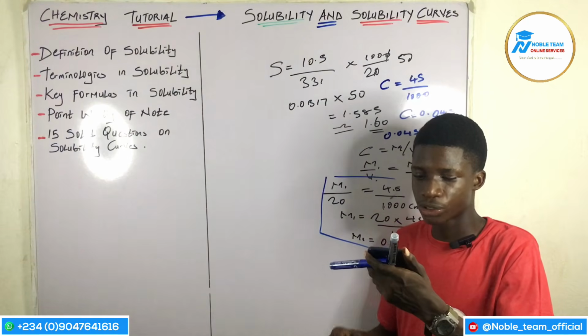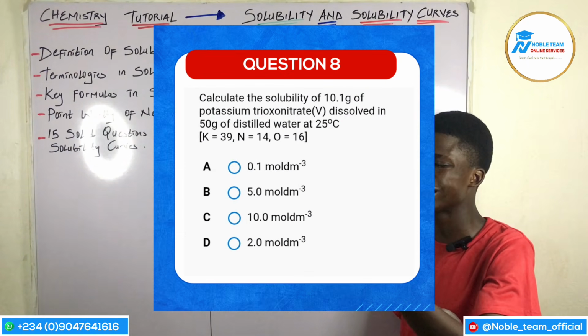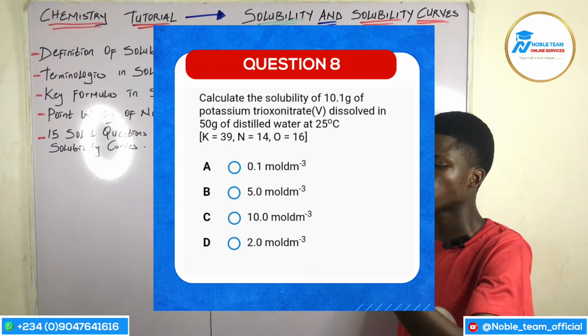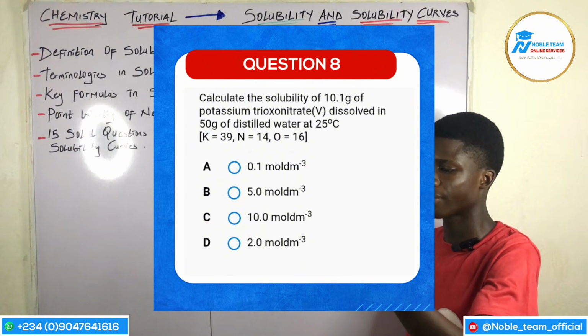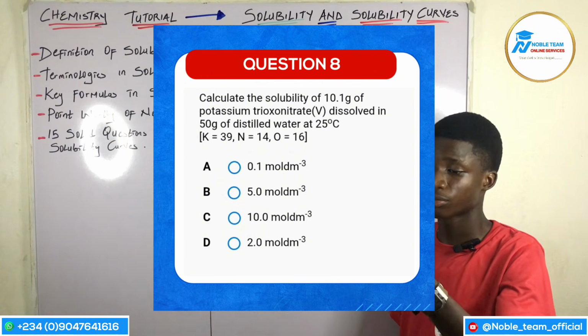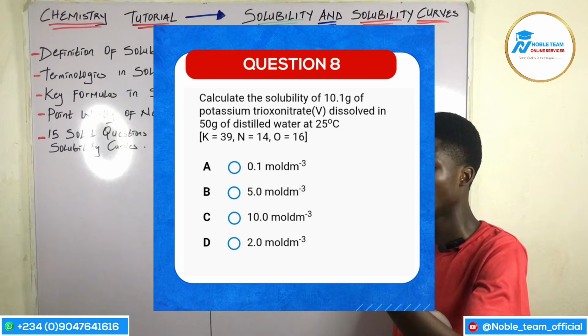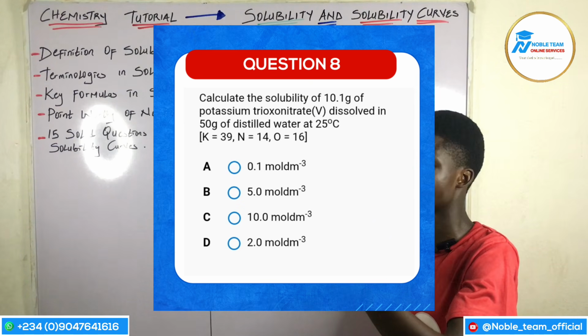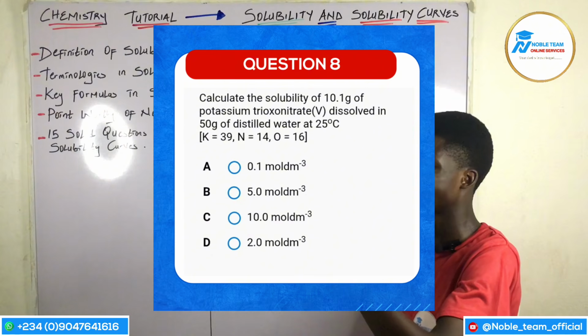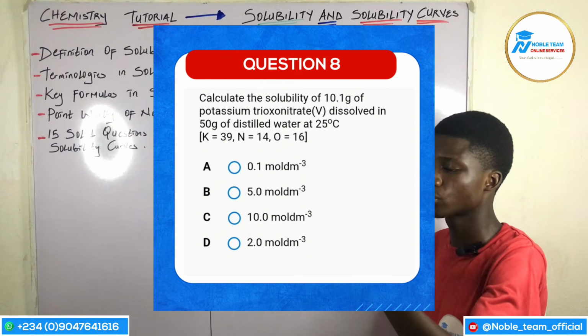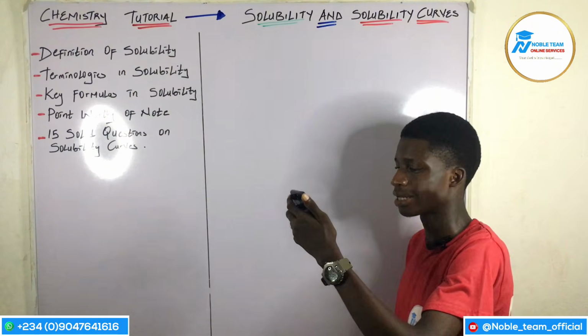Now the next one is question 8. Calculate the solubility of 10.1 gram of potassium nitrate that is dissolved in 50 gram of distilled water at 25 degrees Celsius.